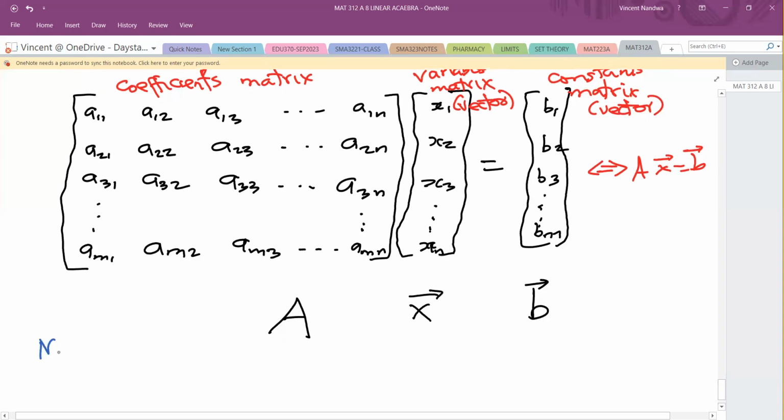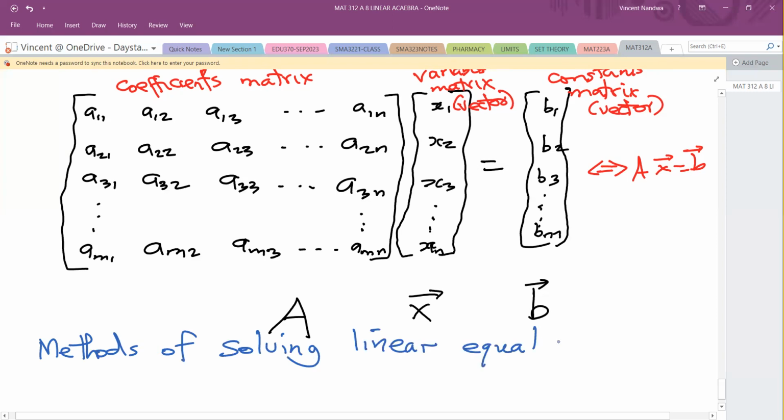So methods of solving linear equations. One is what we call Gaussian elimination.